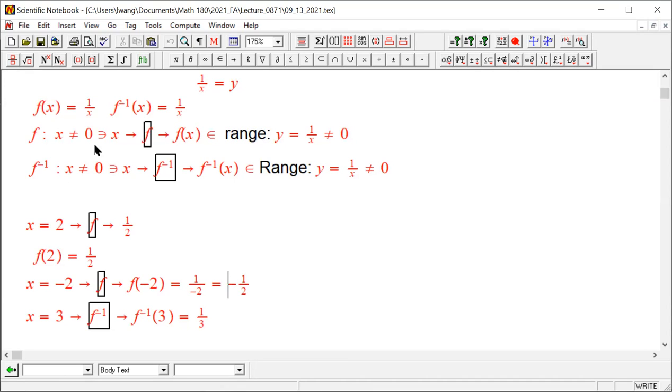And from the domain of F, we get to the range of F, but the range of F is also the same as the domain of F inverse. So F of -2, which is -12, certainly is in the domain of F inverse. So I'm going to apply the rule for the inverse function. So -12 is going to be the input for the inverse function.